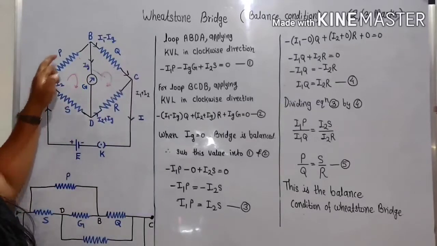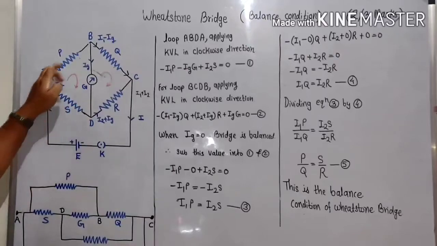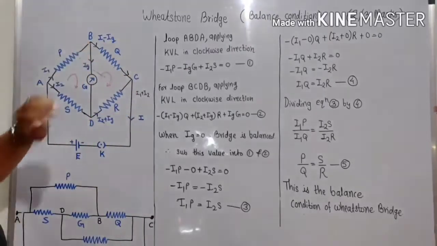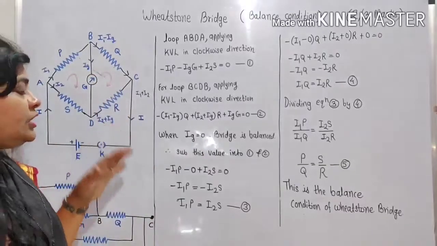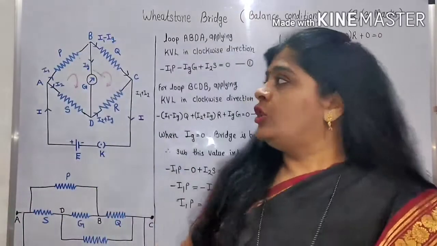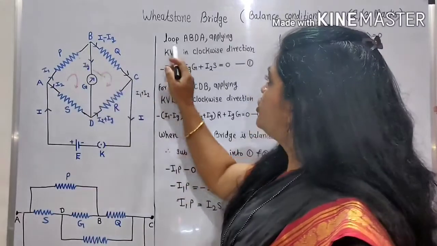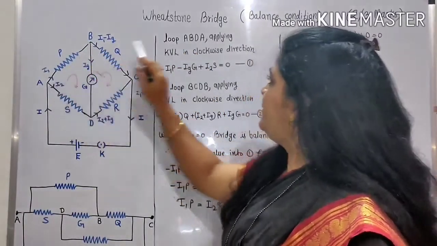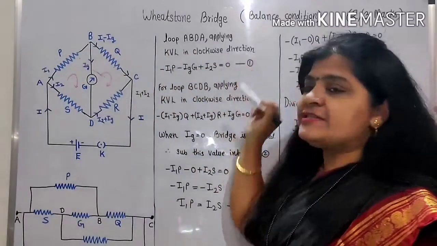The first loop is A, B, D, A and the second loop is B, C, D, B. Then we apply Kirchhoff's voltage law. Now for the first loop, A, B, D, A, we apply it in the clockwise direction.